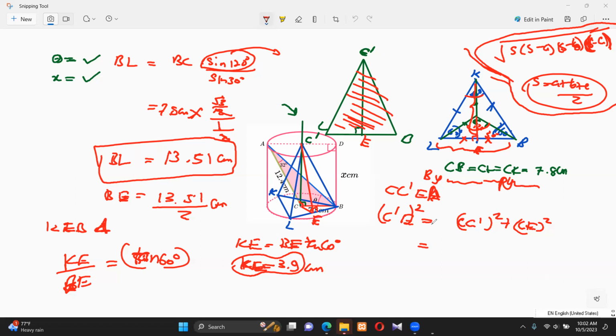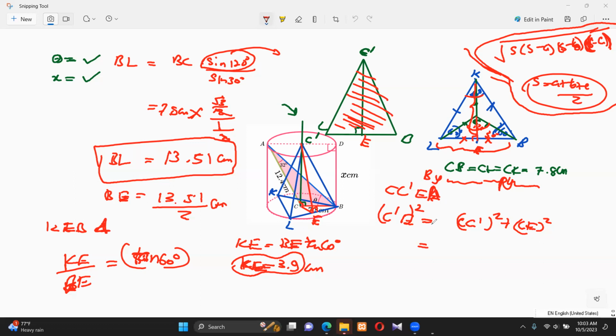So let me find it out. This one over this one equals 7.8 times 2 times theta equals... yeah, okay, I can remember now.